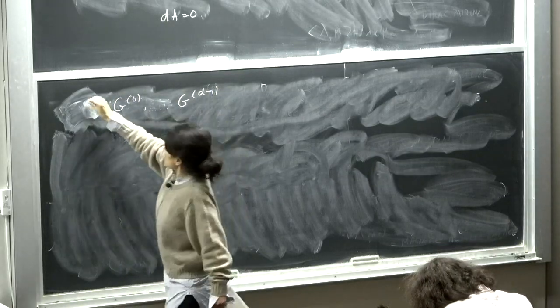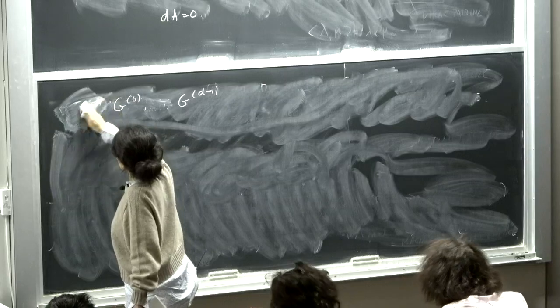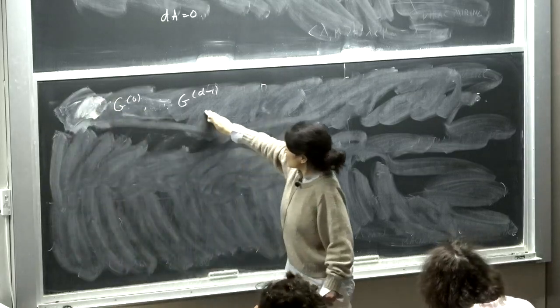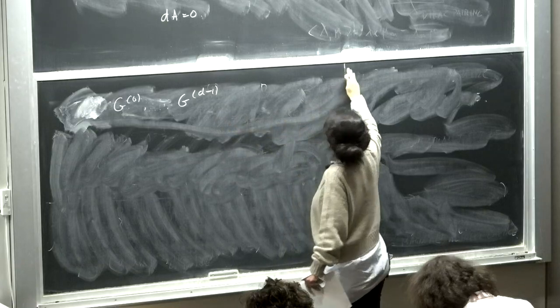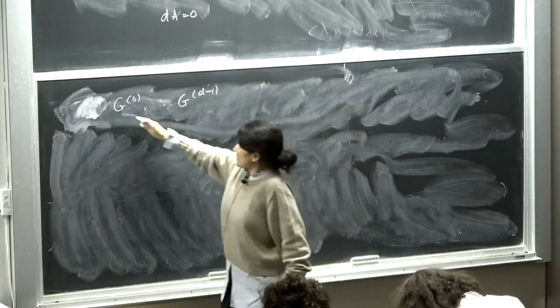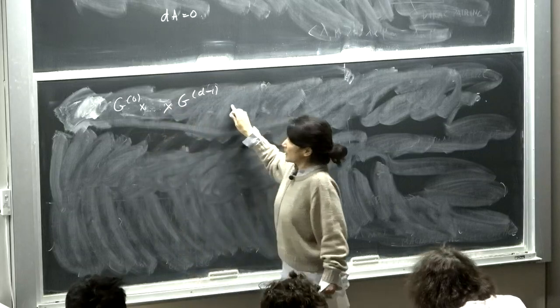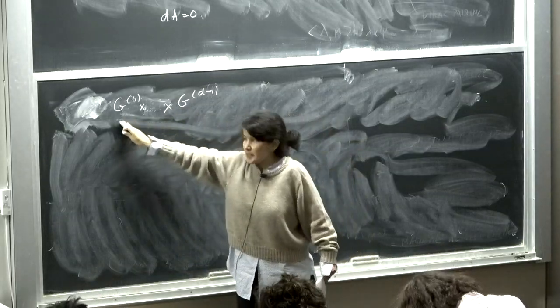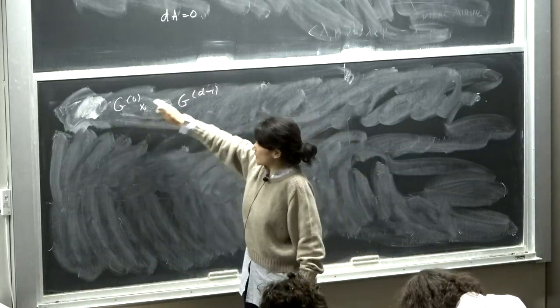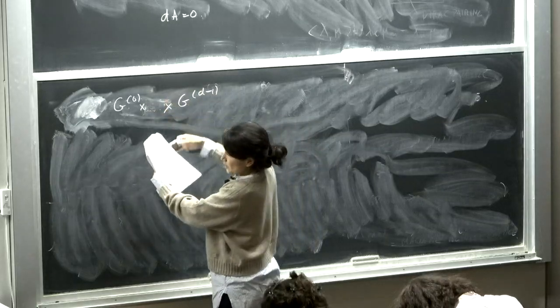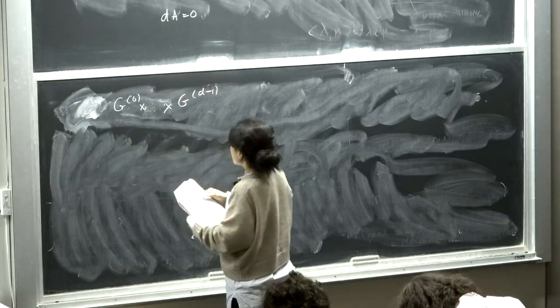You can also, of course, have a minus-one-form symmetry, but let's not consider that. So you have zero-form until d minus one-form symmetries. You can ask, do they actually just form a product group? Is that the symmetry group? Or is it something more complicated, like there's some interrelation between, in particular, these topological defects?